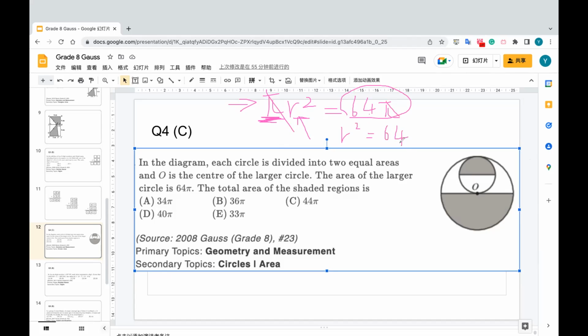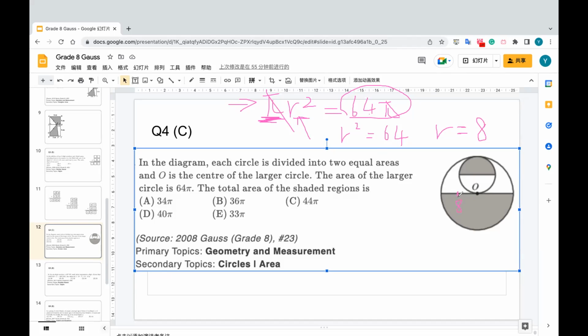So what's R? Alex, what's the radius? Yes, it's 8. Since we got a radius R of 8, what's next?